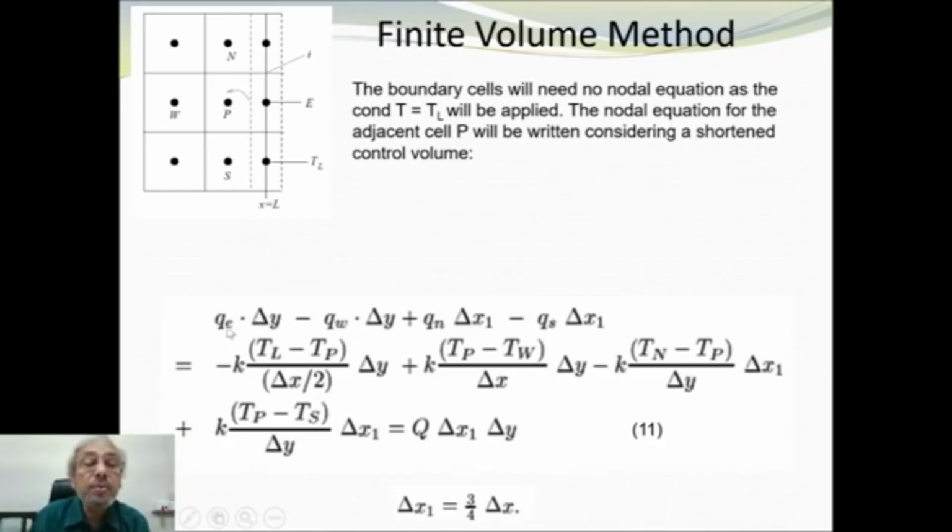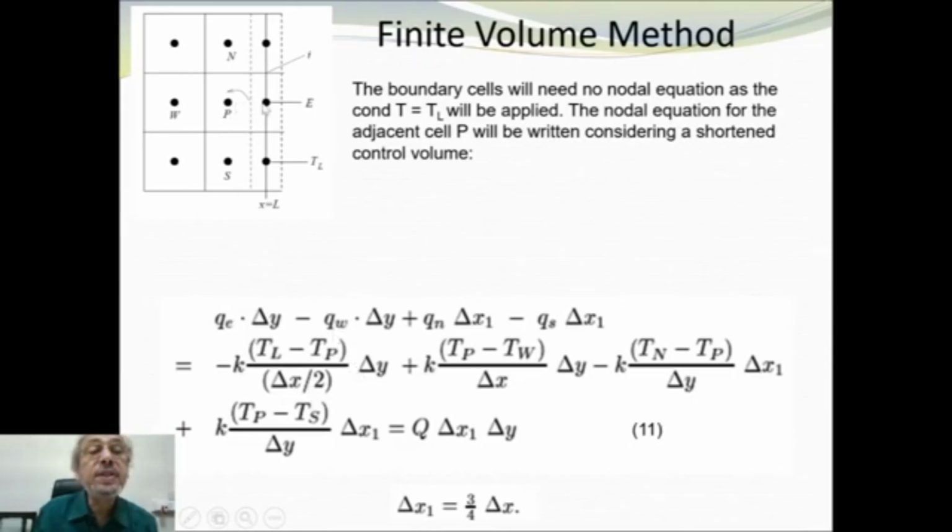So again, let us go for what we wrote earlier: QE into delta y minus QW into delta y plus Qn into delta x1 minus Qs into delta x1. So this dimension is a changed dimension, and we are calling it delta x1. So basically minus k (TL minus TP) divided by delta x by 2.